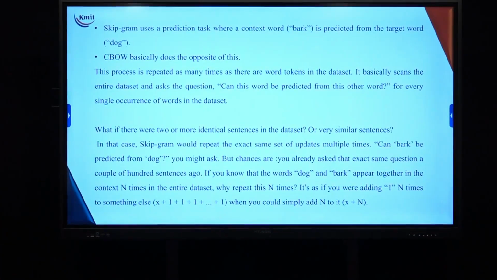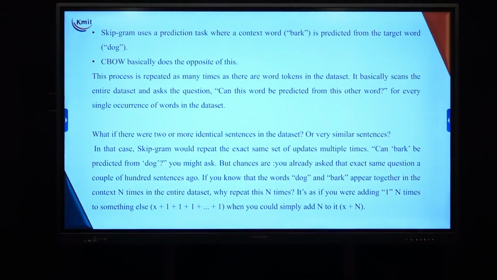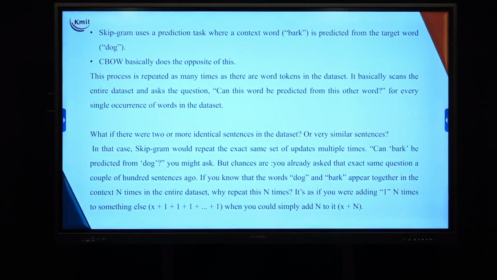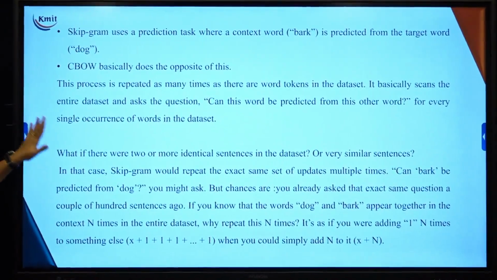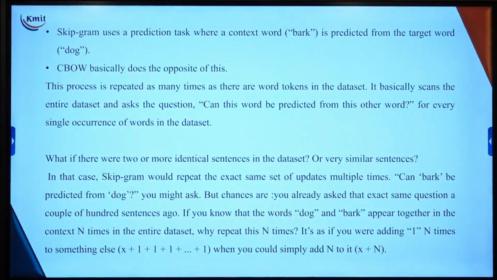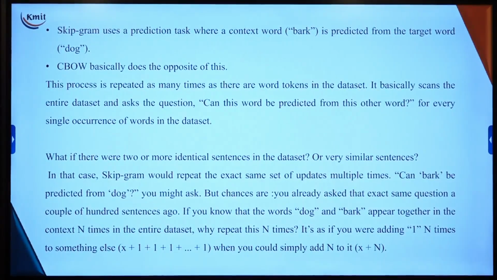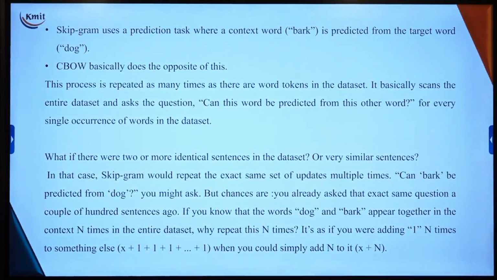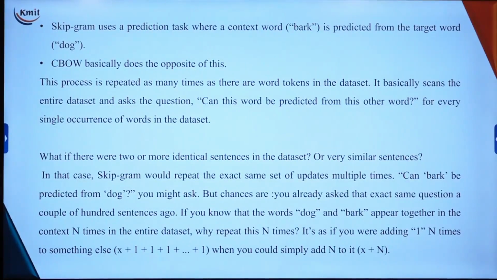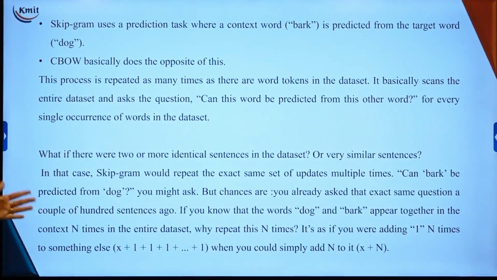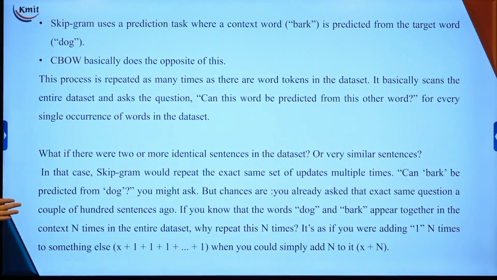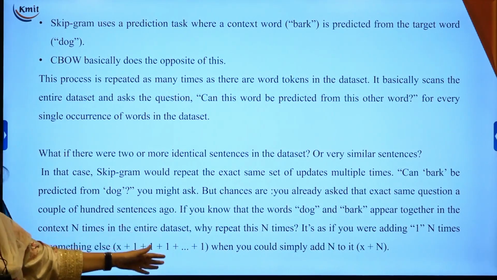If suppose we have two or more identical sentences, or similar sentences also, what will happen? Skipgram would repeat the exact same thing again and again, that is, multiple times it repeats the same things. For example, can bark be predicted from dog? We might ask, can bark be predicted from dog? But chances are this question might already have been repeated n number of times in the data set, that is, we are simply adding x with 1 plus 1 plus 1 plus 1 plus 1.